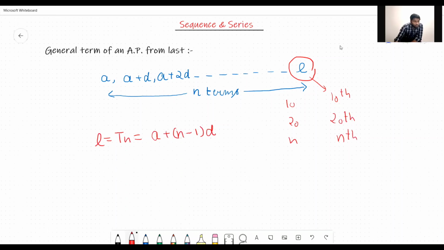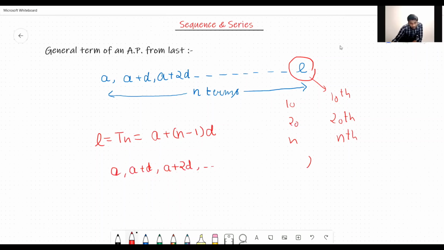So now we have to write down the formula for the general term of an AP from last. We have seen the formula of the general term of an AP from starting, that is A plus n minus 1 D. If the first term is A and common difference is D, we write the AP as A, A plus D, A plus 2D.